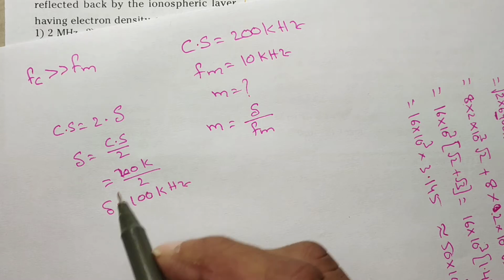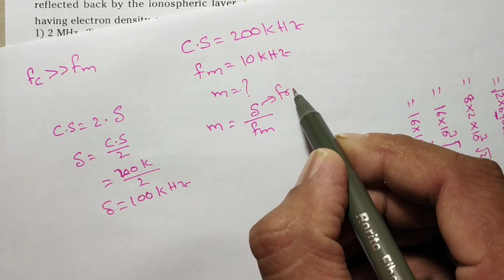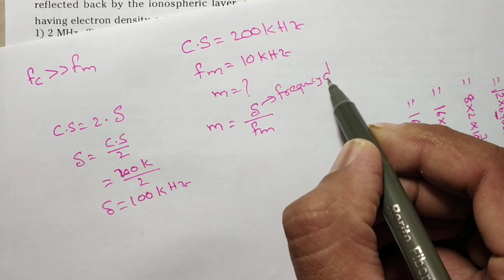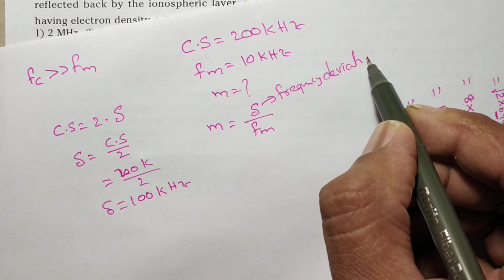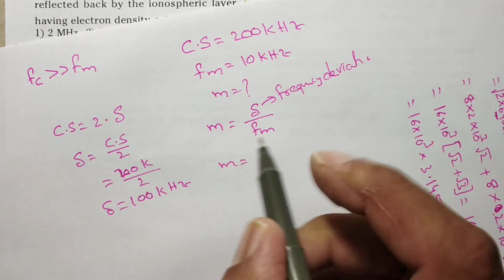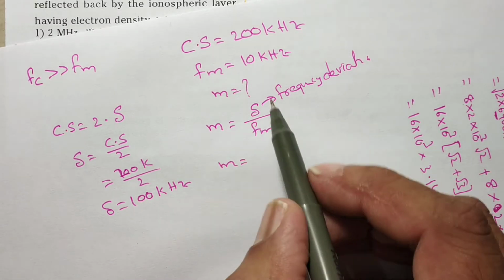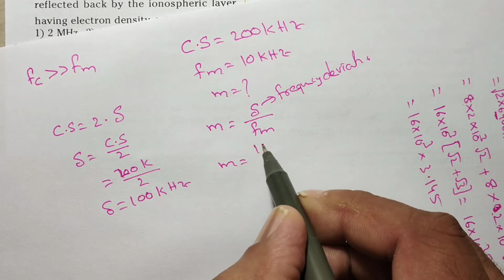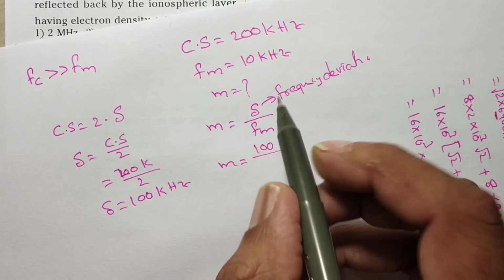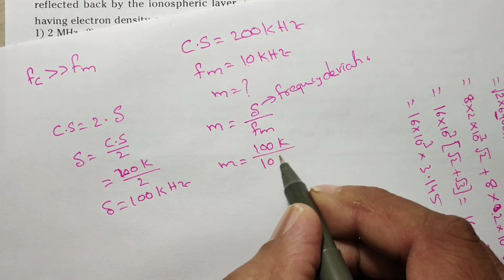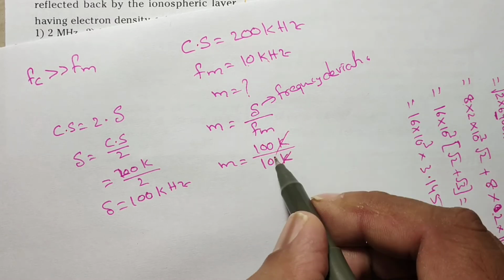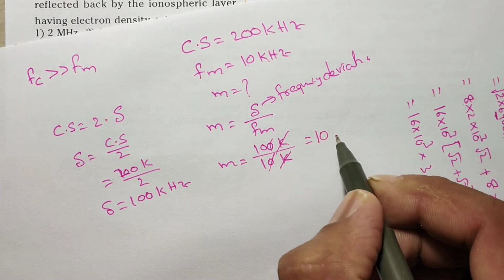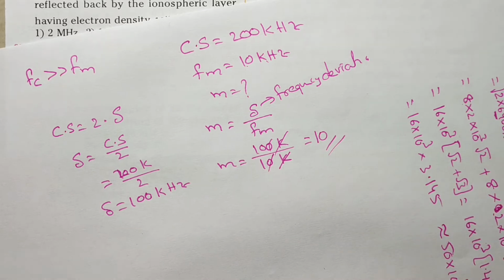Here del is nothing but the frequency deviation. So the modulation index in FM is 100k divided by fm, which is 10k. Kilo gets cancelled, zero gets cancelled, and we get 10.